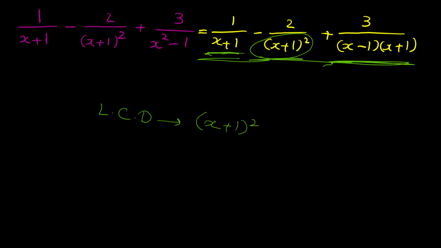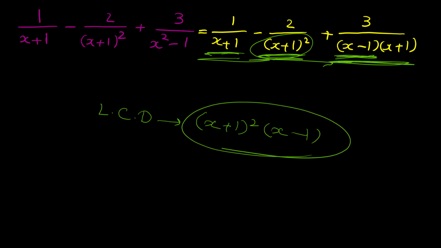Here we have x plus 1, but here we have x plus 1 with a higher power, and in the least common denominator we always consider the factor with the highest power. So we have to have x plus 1 to the 2 in the common denominator, and we have to have this other factor, x minus 1. So the common denominator would be x plus 1 to the 2 times x minus 1. Keep this in your head, x plus 1 to the 2 times x minus 1.